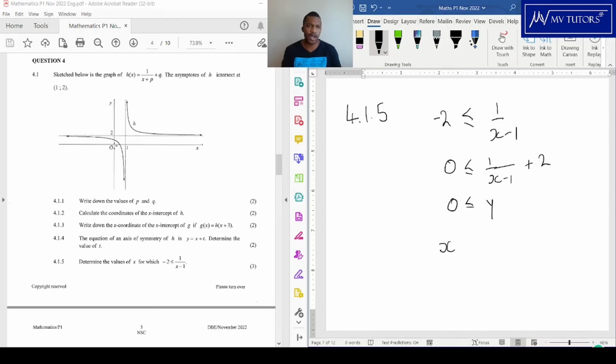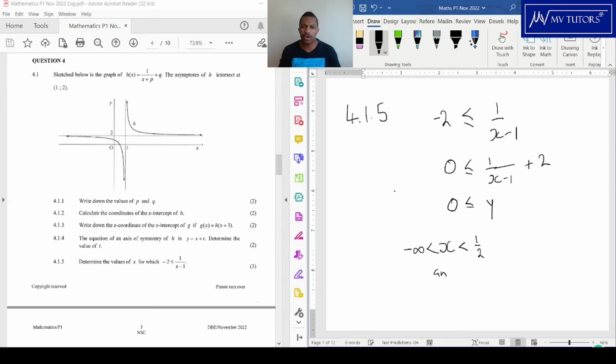So if I'm looking for x values, I can see if I put my arm on the axis and I look above, I can see the graph starting from, let me put the inequality signs, negative infinity all the way up until this x-intercept here, which we solved to be a half.